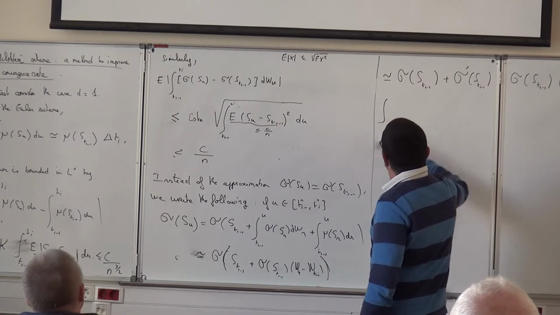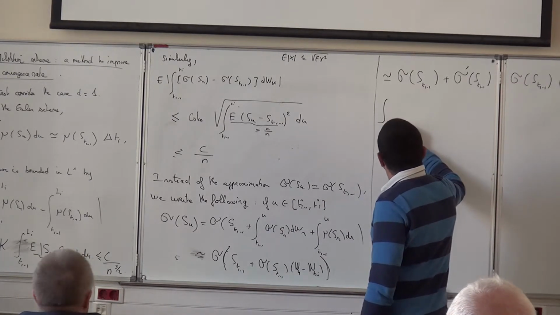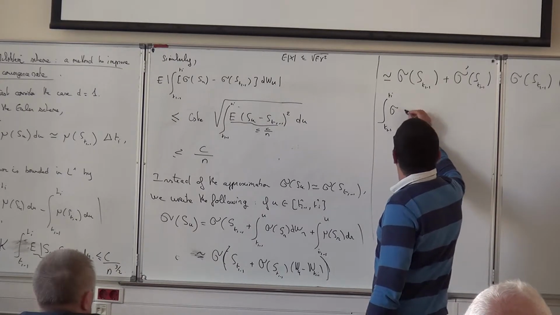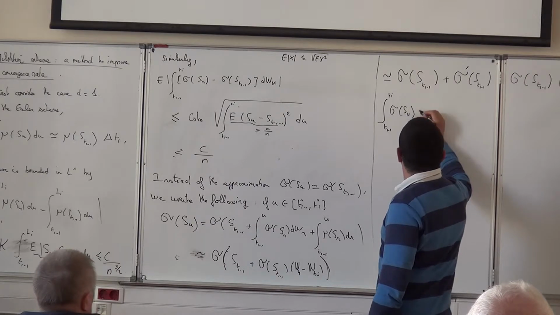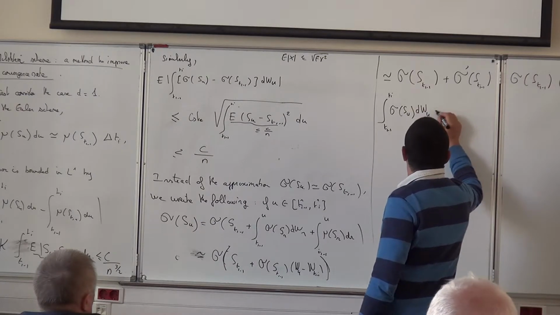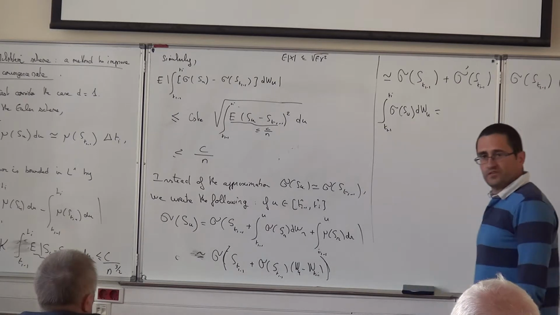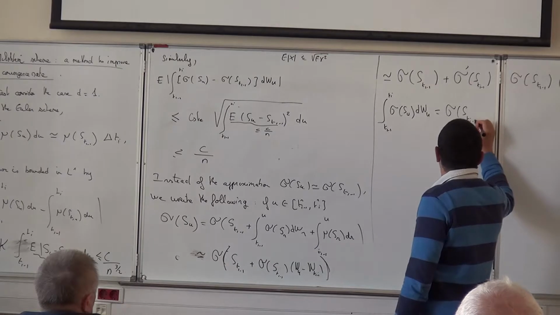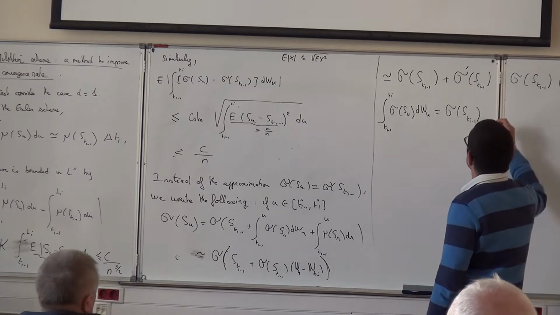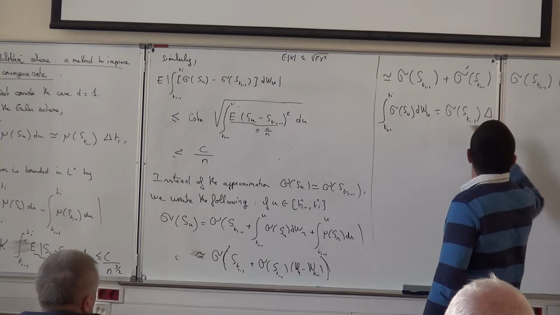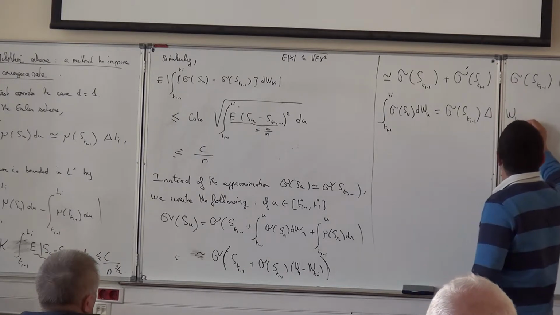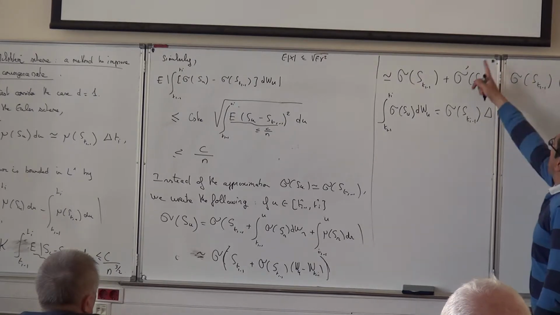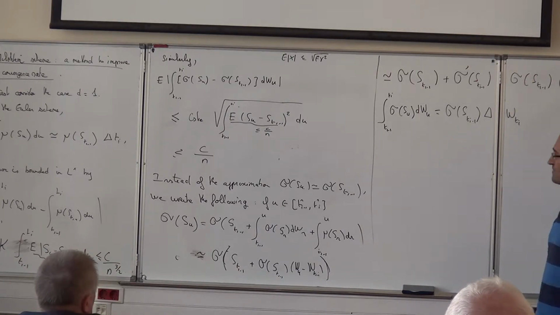Precisely, now we approximate the integral from T_{i-1} to T_i of sigma(S_u) dW_u by the integral of this. Precisely, the first term is the term that you have in the classical Euler scheme, that is this coefficient times the increment of the Brownian motion, plus the integral of this. Okay?